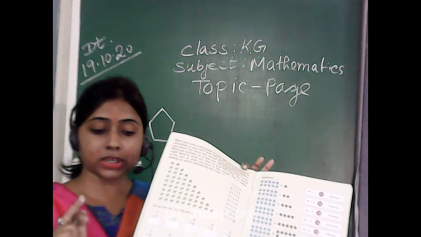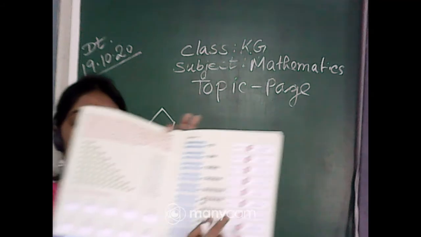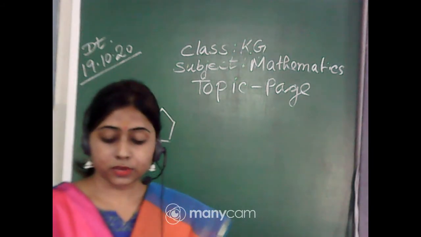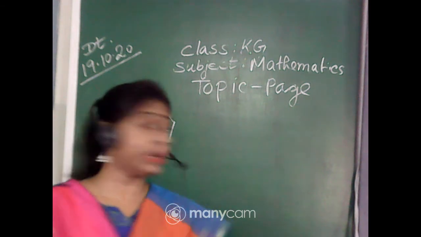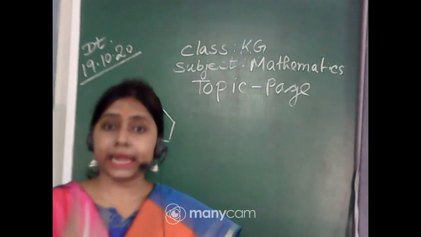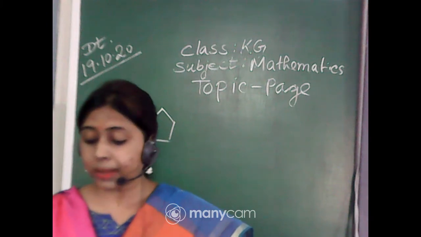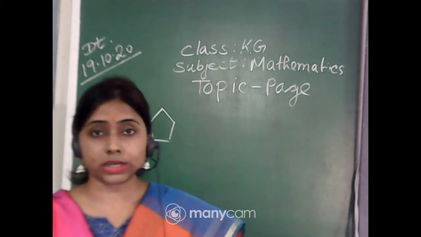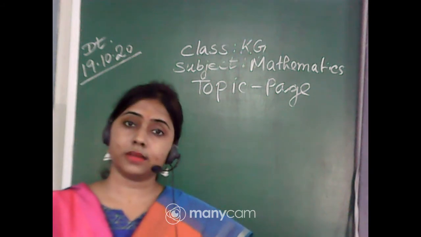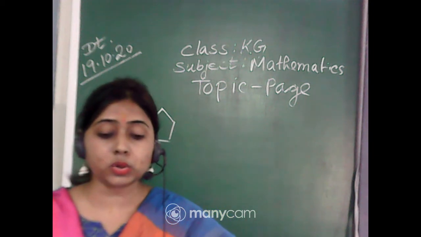Yes, Inakshi, I can see that you are showing me. Very good. Page 51: all these symbols are 10 in number, and then 10 plus 1, 10 plus 2 is 12, 10 plus 3 is 13, 10 plus 4 is 14, 10 plus 5 is 15, like this. Now we will go to page number 52.